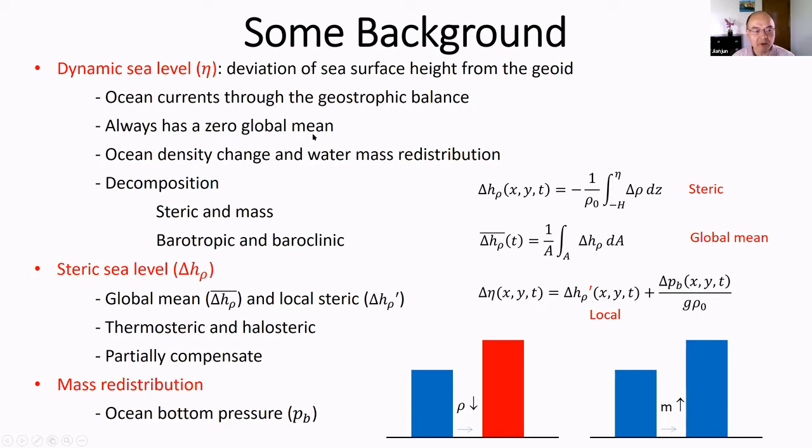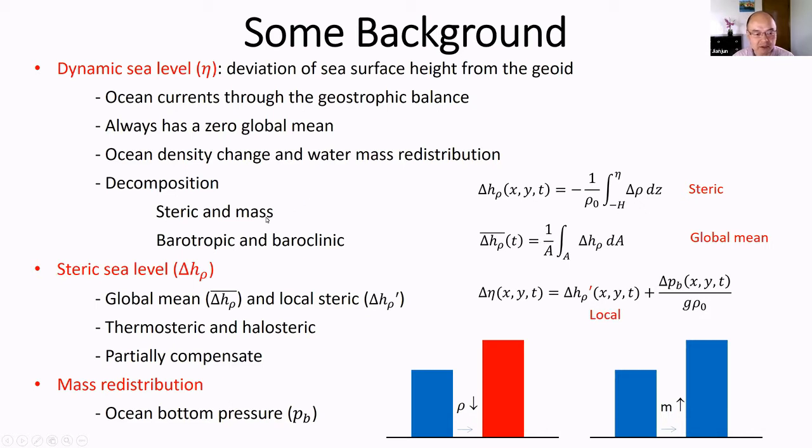In a climate model, dynamic sea level always has a zero global mean, so basically it shows the pattern of sea level change. Both ocean density change and ocean water mass redistribution can cause dynamic sea level change. These are the so-called steric term and mass term.